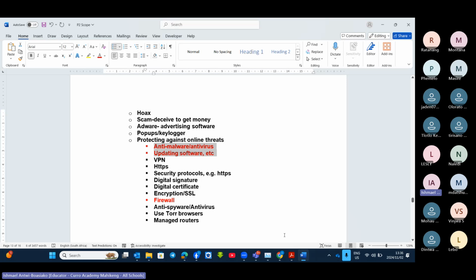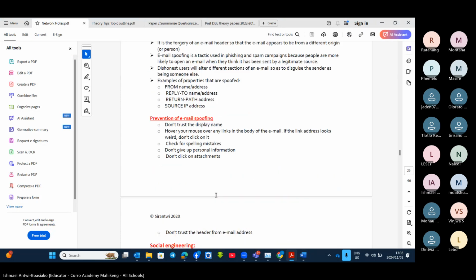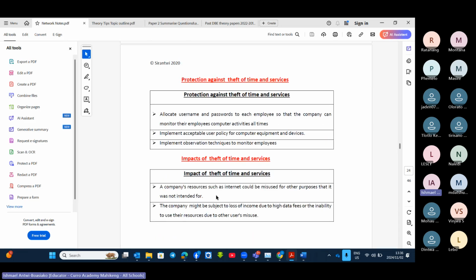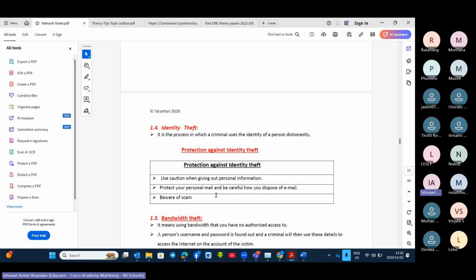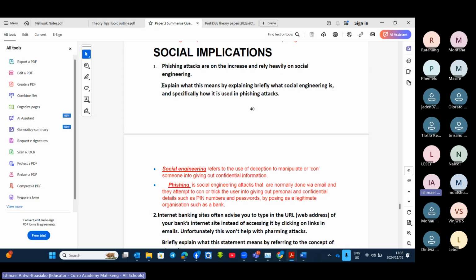I have detailed notes here, which I will share with you. The detailed notes are about the advantages and disadvantages of these crimes and other things. I will share them if you want to go through them. Then again, I will also share with you the questions about every topic, summarized questions which I picked from different past papers, and how you must answer them.